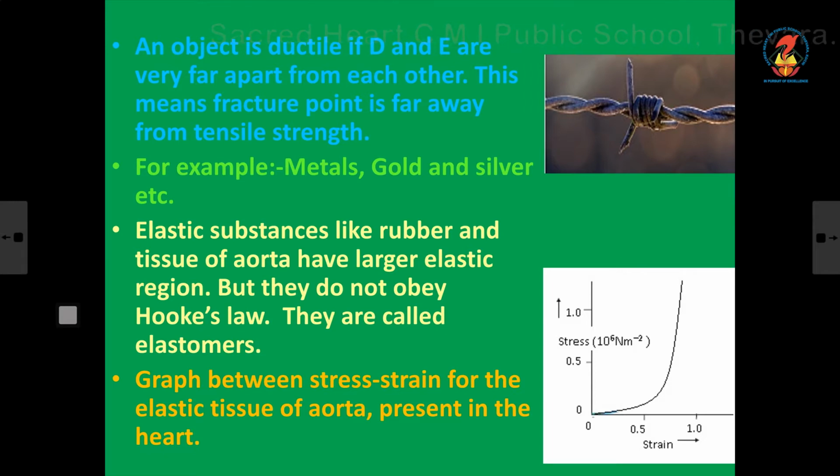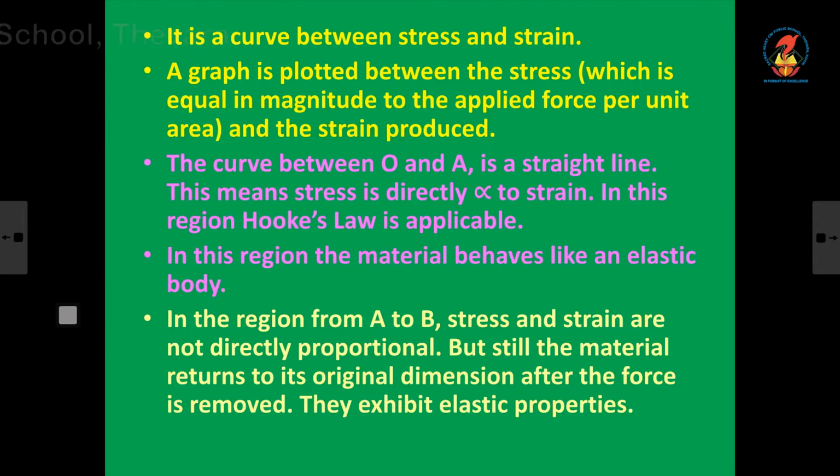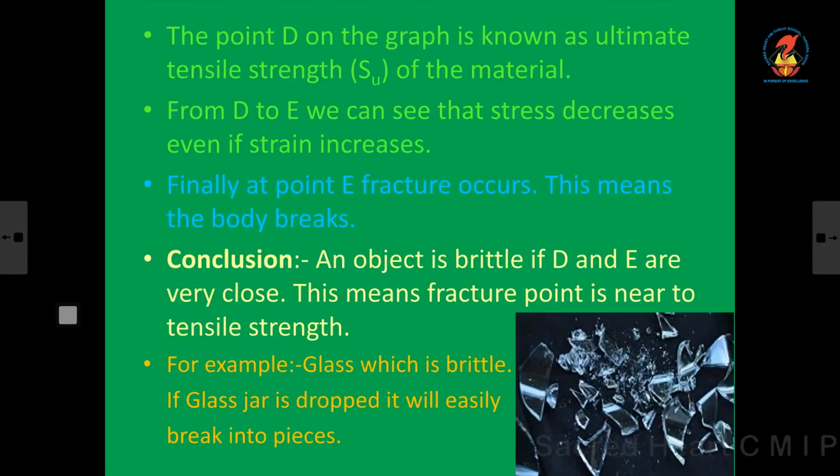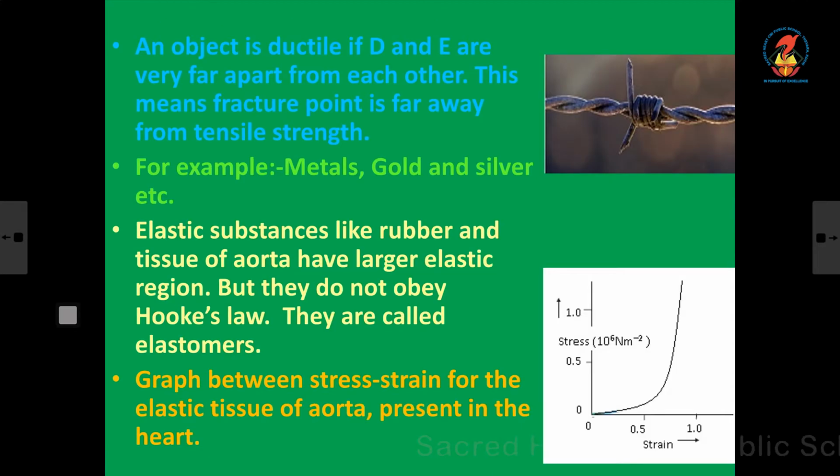So, an object is ductile if D and E are far away from each other, or more precisely, after the elastic point, you just write B and D. Instead of saying D and E, you write B and E. Here I will make the correction: B and E are far apart, or B and D, both of them are the same.